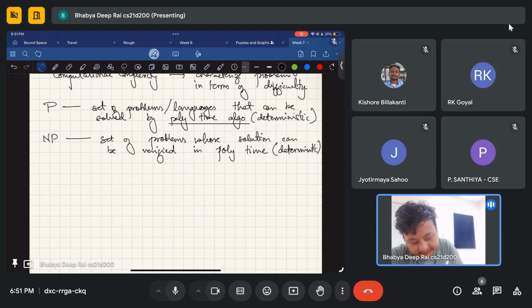And this N stands for non-deterministic. A set of problems whose solution can be verified in polynomial time.